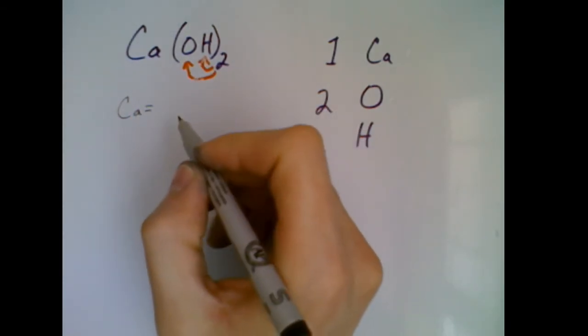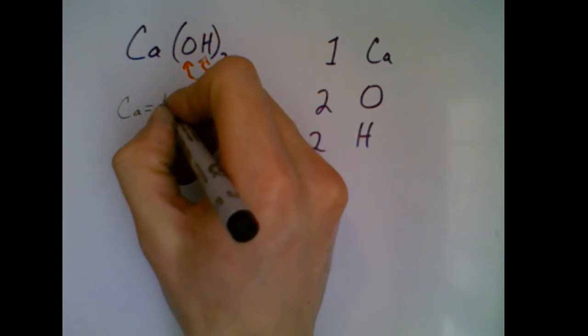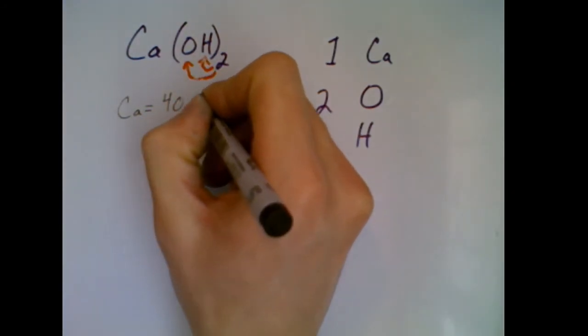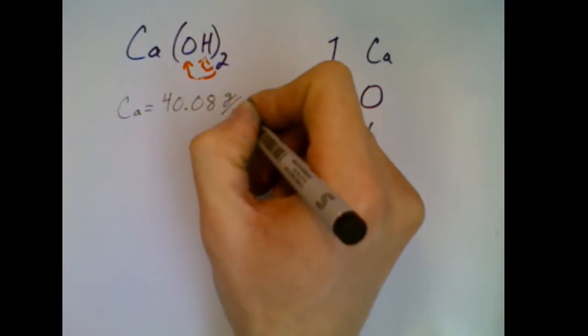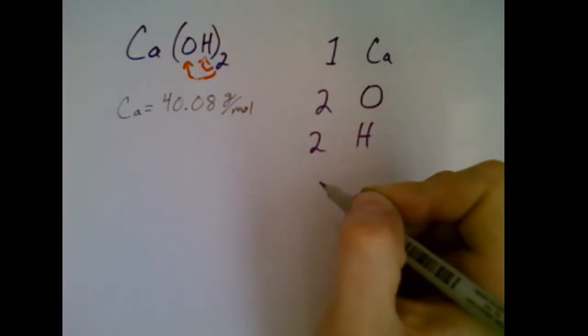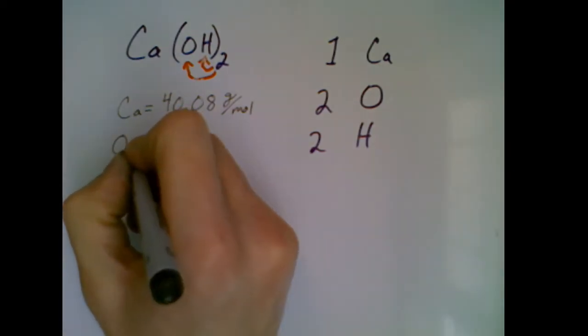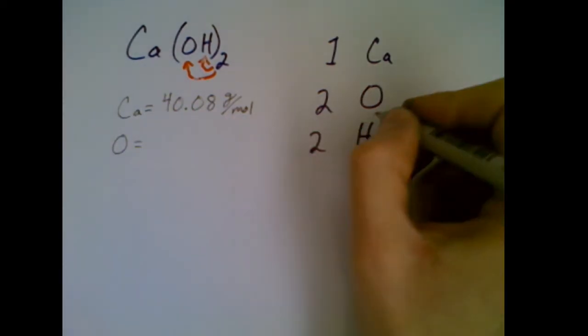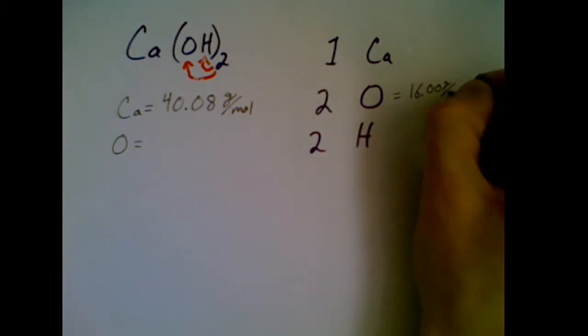To find the mass of calcium hydroxide, we need to know the mass of calcium. So the mass of calcium should be 40.08 grams per mole. Oxygen is 16.00 grams per mole.